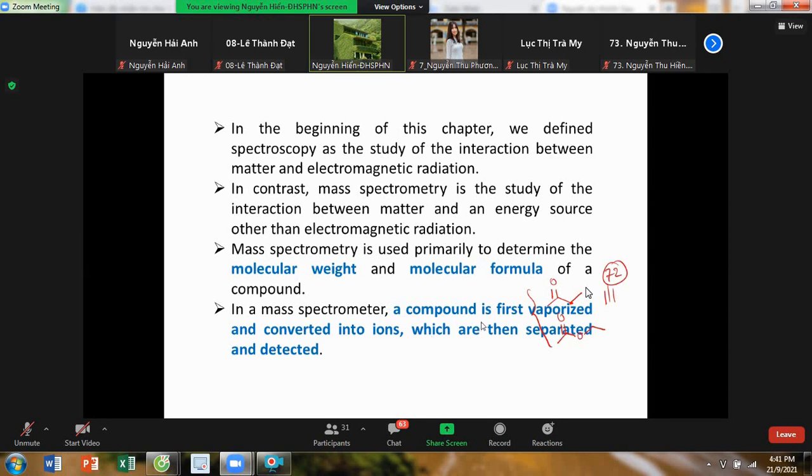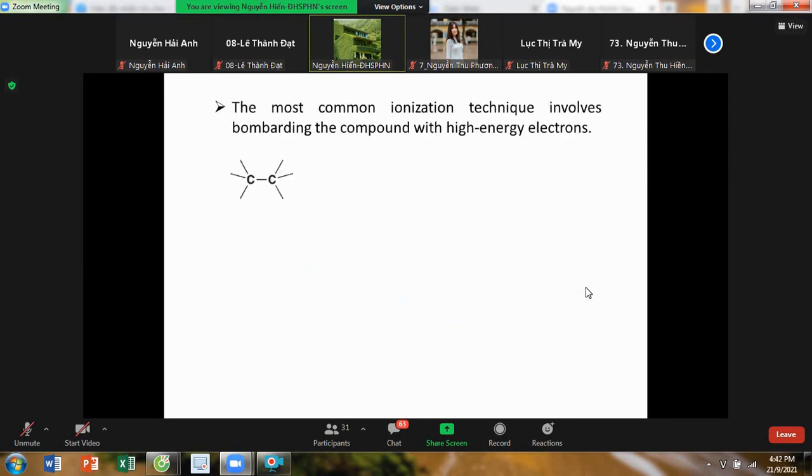Then liquid or solid samples will first be vaporized and then converted into ions. And now we will see how it is converted to ions.